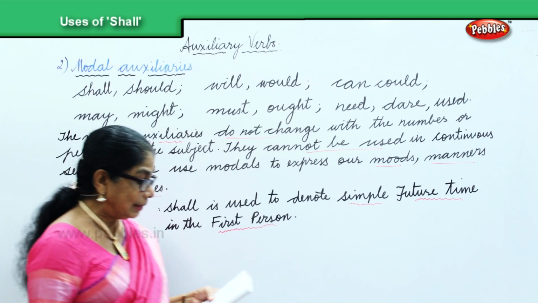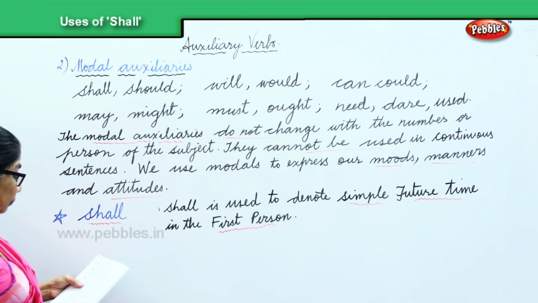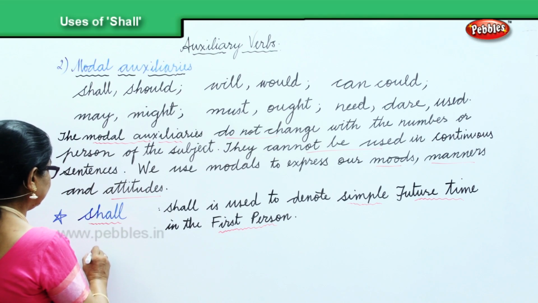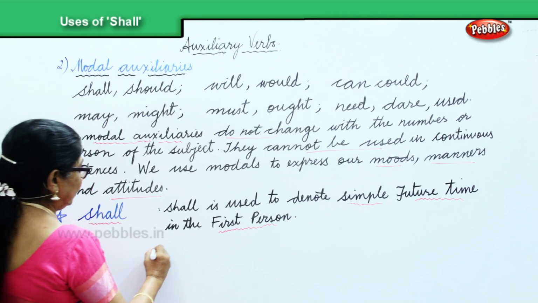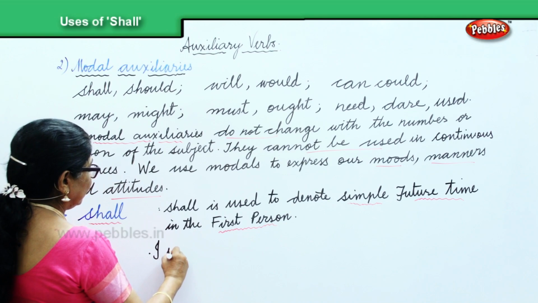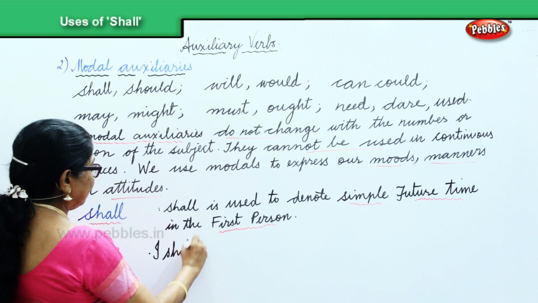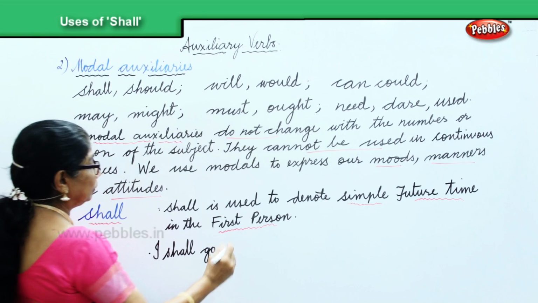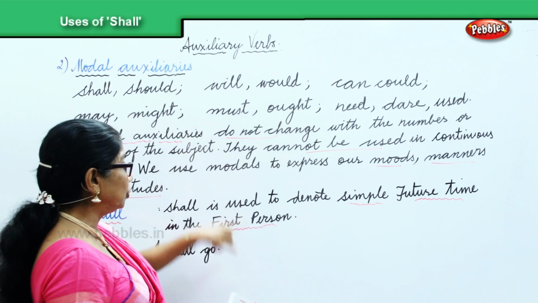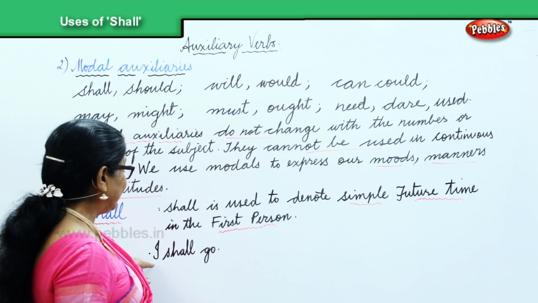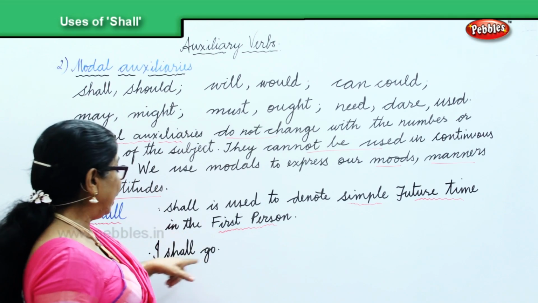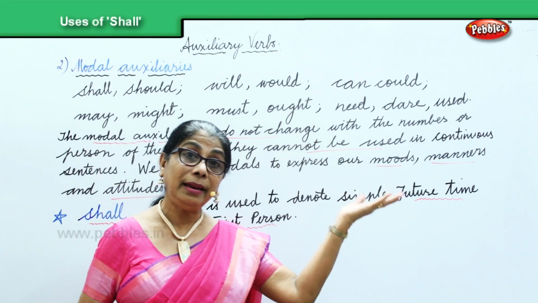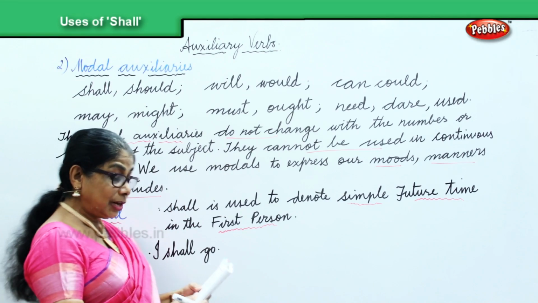Okay, now let's look at the sentences. I shall go. Used in the simple future tense in the first person. I, first person, and future time. I shall go.